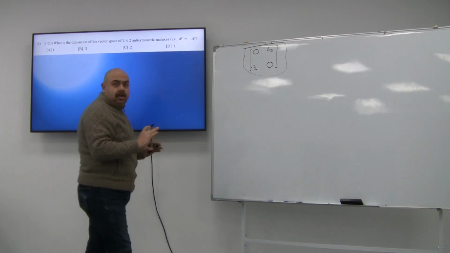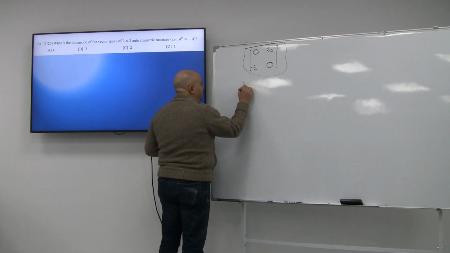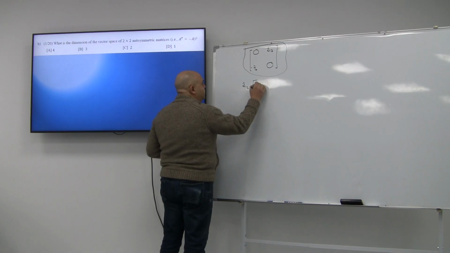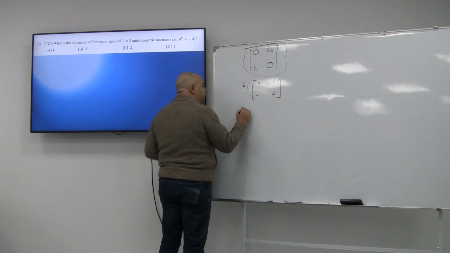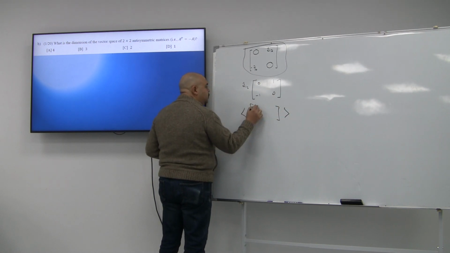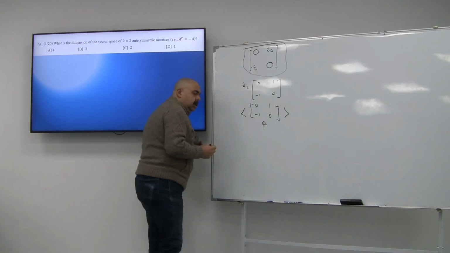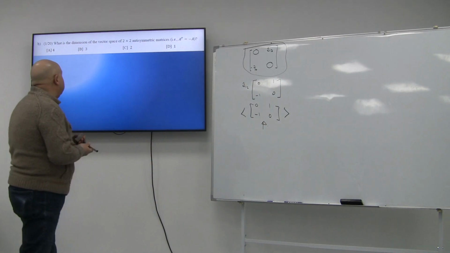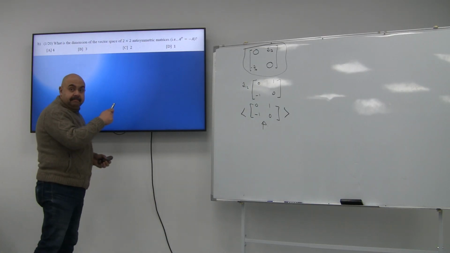From a first look at this space, it can be A1,2 times the matrix 0, 1, negative 1, 0. So the basis for this vector space is just this one element, this vector. So the dimension will be just one vector. So I believe it's going to be 1.